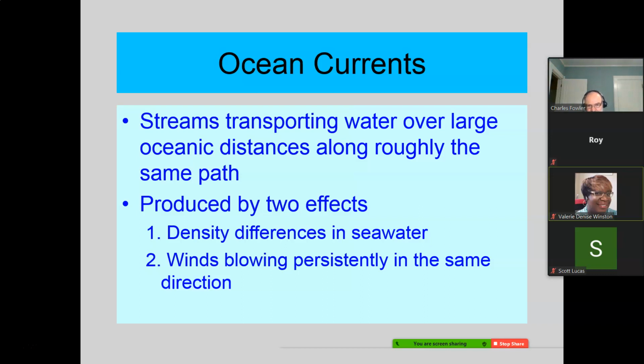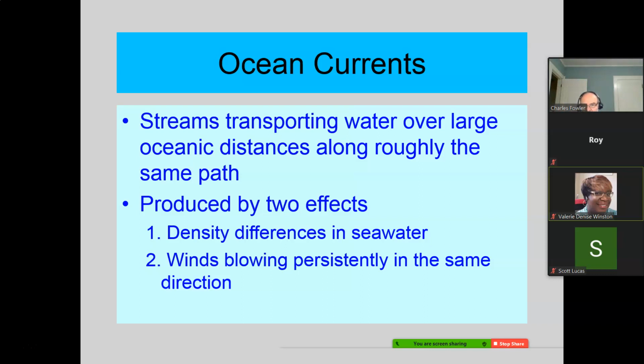Sorry about that. Okay, so there's one effect, density differences. The second effect is winds blowing persistently in the same direction over long periods of time. Now you might say, wait a minute, I thought winds caused waves. Yes, they definitely do.